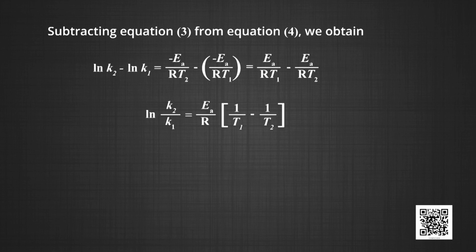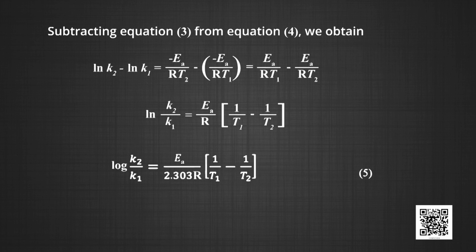Now, the expression will become ln K2 by K1 equals EA by R into 1 by T1 minus 1 by T2. Now, taking the log at base 10, log K2 by K1 equals EA by 2.303 R into 1 by T1 minus 1 by T2. Log K2 by K1 equals EA by 2.303 R into T2 minus T1 upon T1 into T2.